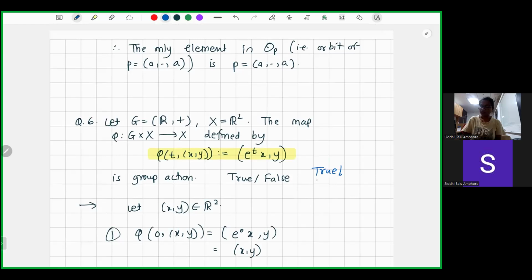The given action is indeed a group action.